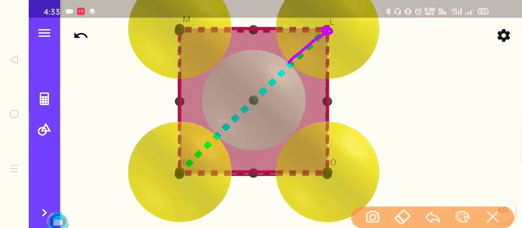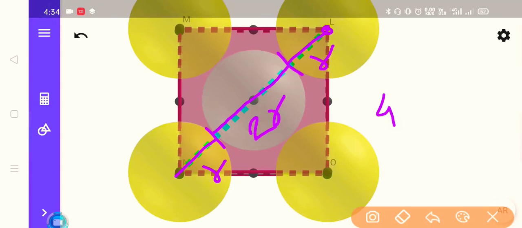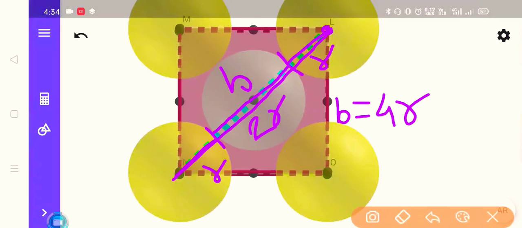From the corner to the surface of this corner sphere, that means r. Now the radius of this face centered sphere, that means 2r, and then from the surface to the center of this corner sphere, that means r. So you will get 4r, and 4r is equal to our face diagonal line.